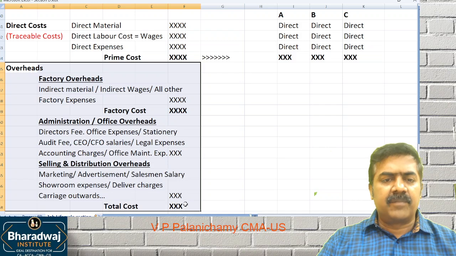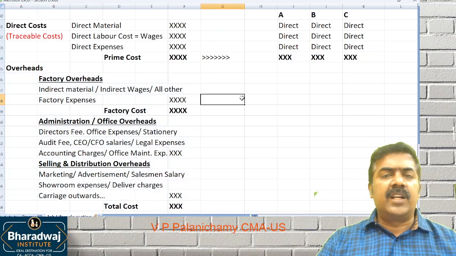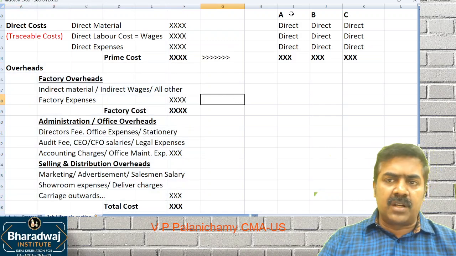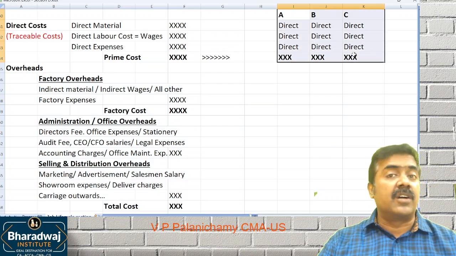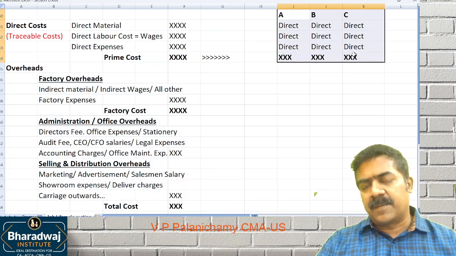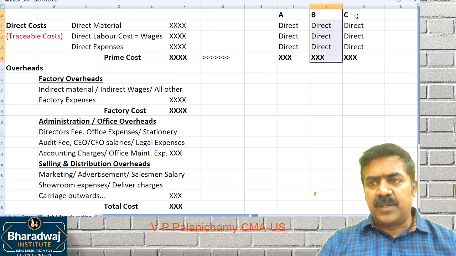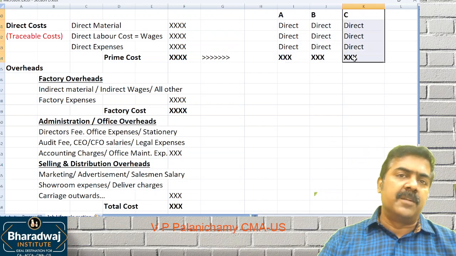The problem is overheads. In a college, what kind of expenses are not specific to a department, which are common to different departments, not specific to a particular department, but common to all the departments?